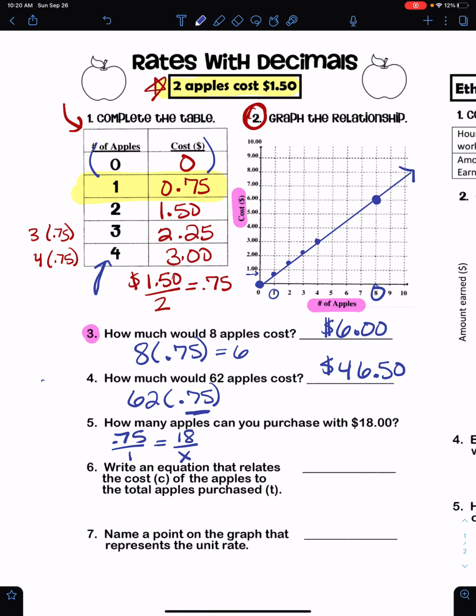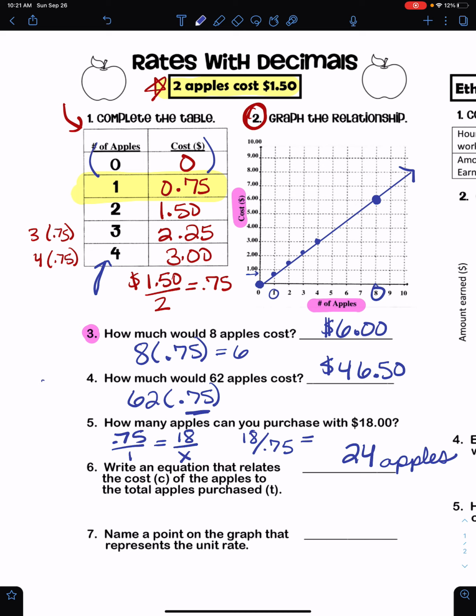But I think I would take that $18, divide it by 75 cents to see how many 75-cent single apples fit into $18. And I'm going to get 24. So you could buy 24 apples with $18. You could check it and you could multiply 24 times 0.75 to make sure you get 18.